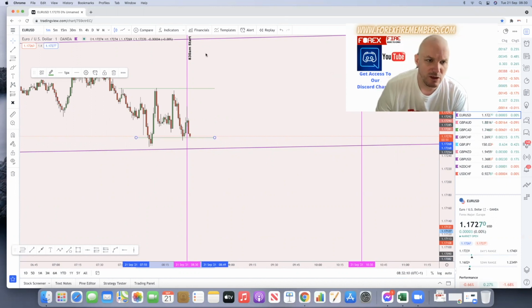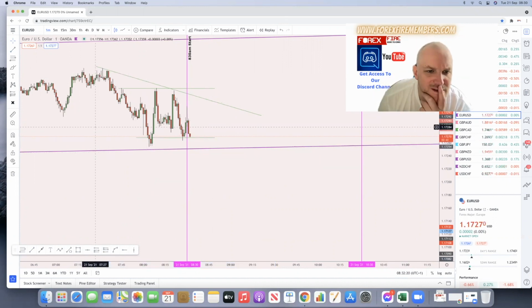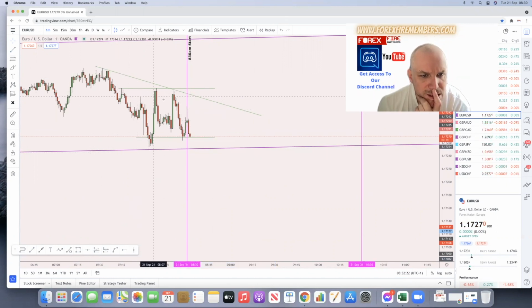Okay, so looking at this, obviously got the down there. So we certainly want to break out of the upside if this was going to be looked at on a buy from the lower side.